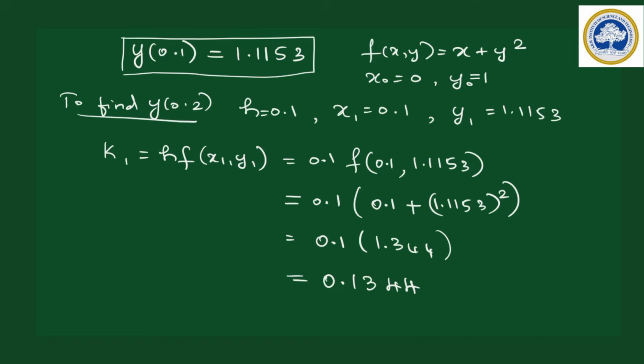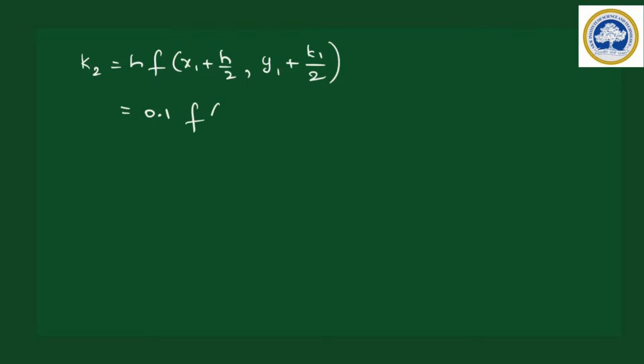Next we have to find out the value of k2. The k2 formula is h into f of x1 plus h by 2 comma y1 plus k1 by 2. So h is 0.1 into f of x1, which is 0.1, plus h, which is 0.1, by 2 comma y1, which is 1.1153, plus k1, which is 0.1344, divided by 2.